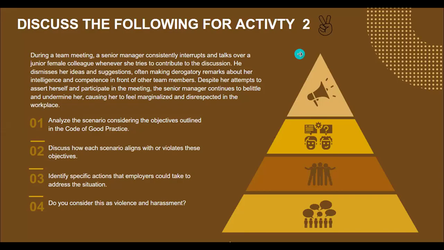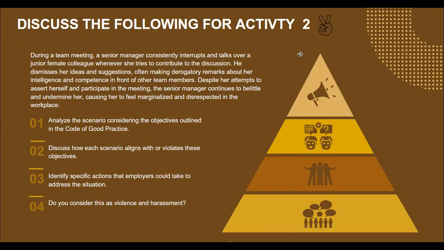As for specific actions that employers could take to address the situation: developing the proper policies and procedures that also outline the steps that the female colleague needs to take in order to address the situation. Then training and awareness programs. Maybe the senior manager who consistently interrupts is not aware that this behavior is unacceptable.